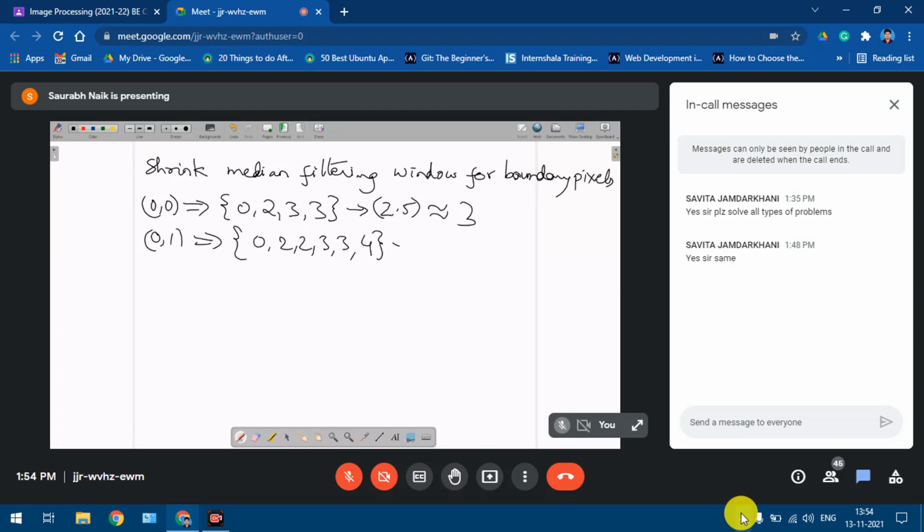In this case, since I have an even number of values, I will have to take the median as the third and fourth. The average of the third and fourth value will be the median. So the average of again 2 and 3, these two values, is 2.5, rounded to 3.